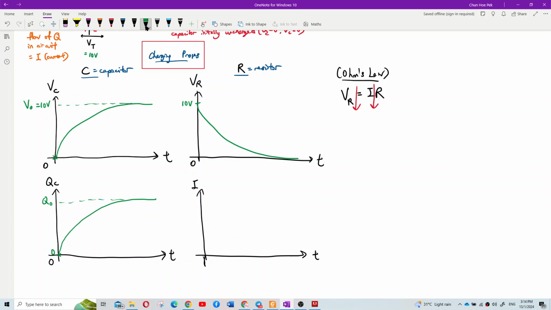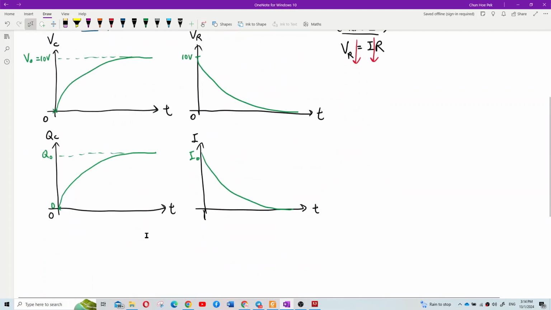Understand, class? You cannot find this explanation anywhere, because I myself thought of this. I did an experiment using the Arduino microcontroller to study this process, and this is the graph I get from the Arduino.